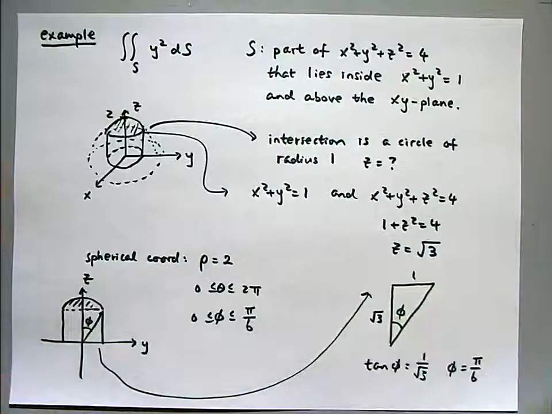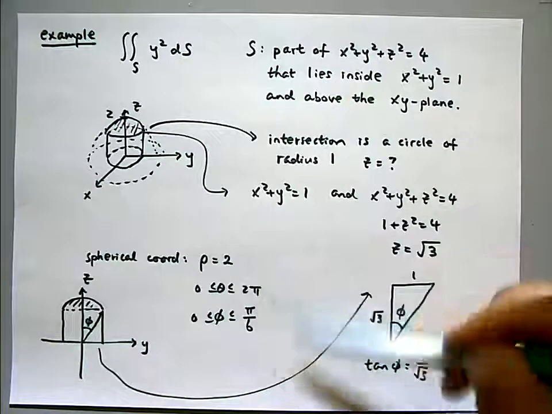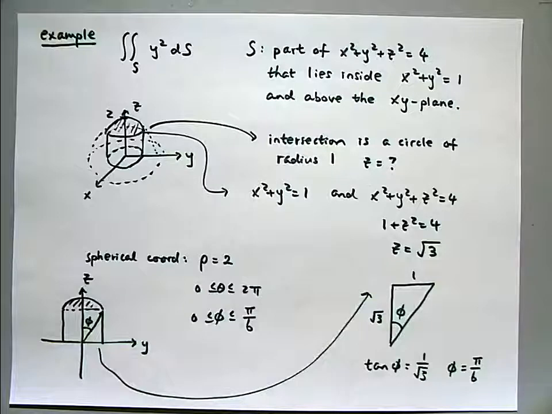Okay, so now we figure out our description of this spherical dome that's capping the cylinder. And here are the 3 numbers. All right, so let's describe our surface using the parameters u and v.